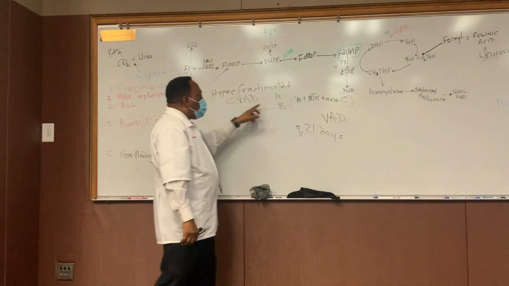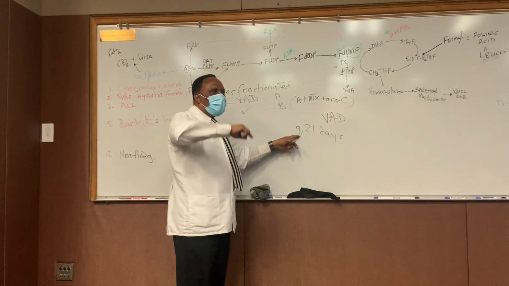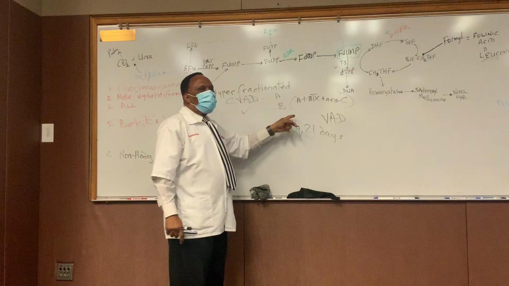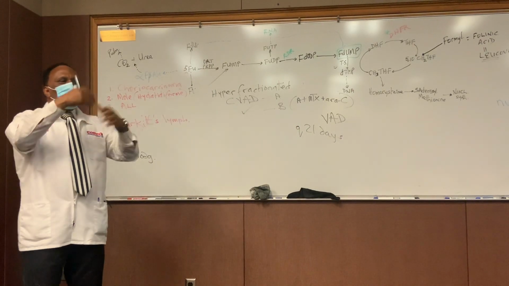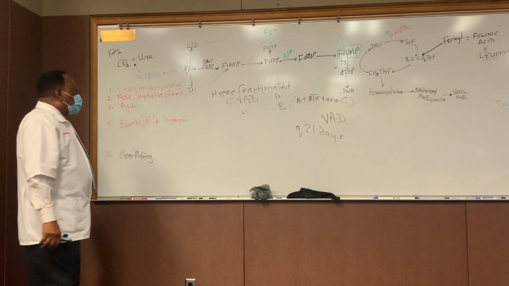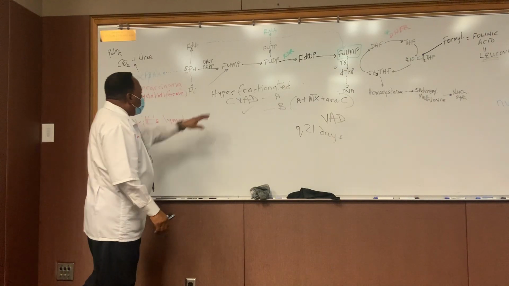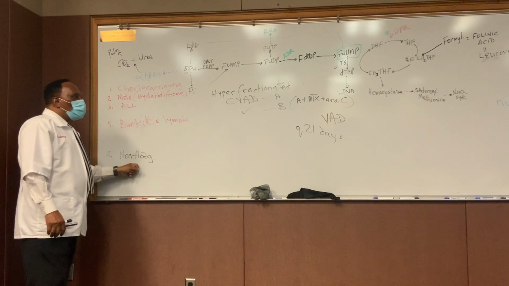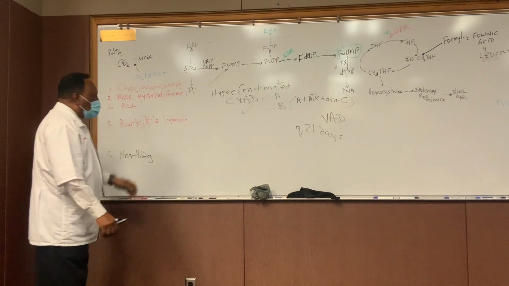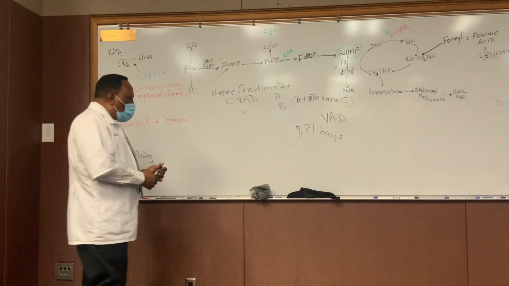So you use CVAD-A for 21 days, then the next 21 days you use CVAD-B, and then you come back and use CVAD-A, every 21 days, like that. So that can be used for your ALL treatment and also for non-Hodgkin's lymphoma.